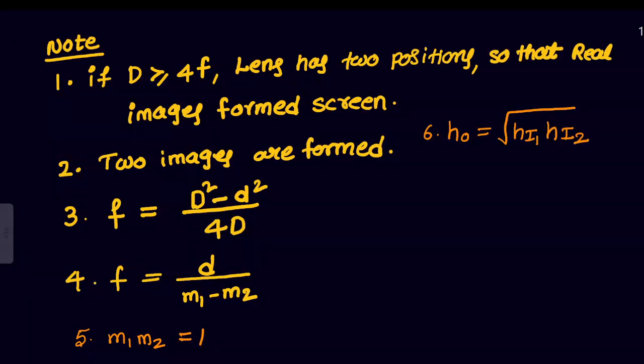One is a magnified image, the other one is a diminished image, and m1 into m2 will be equal to 1. We have two formulas to find the focal length. If you know capital D, small d, we use this formula. If you know the magnifications, we use this formula.